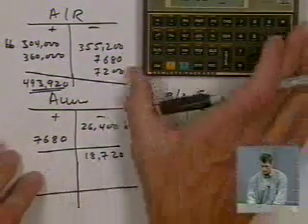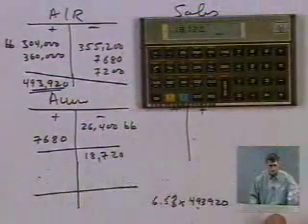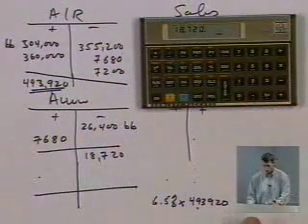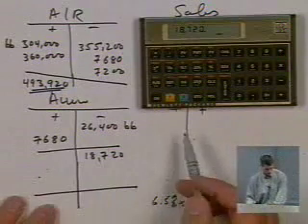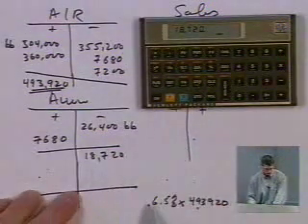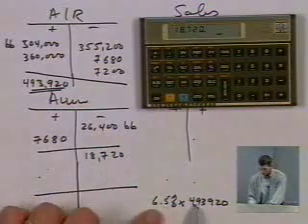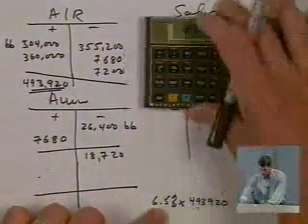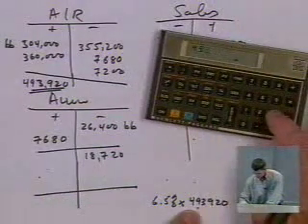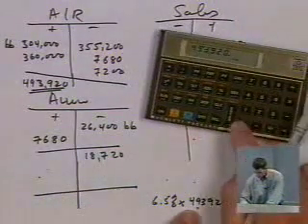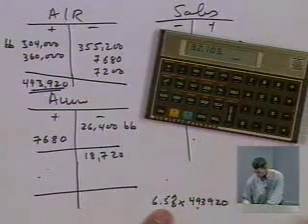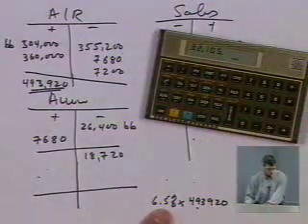When we multiply this through, 493,920 times 0.065, I get 32,105.